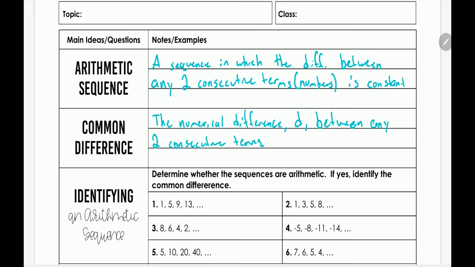So again, an arithmetic sequence is a sequence in which the difference between any two consecutive terms is constant, and the common difference is the numerical difference between any two consecutive terms.